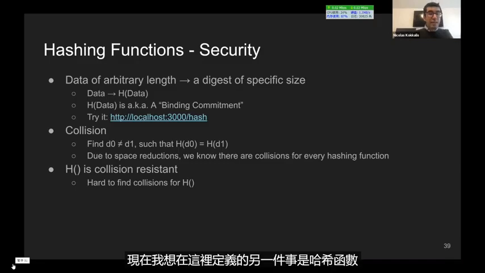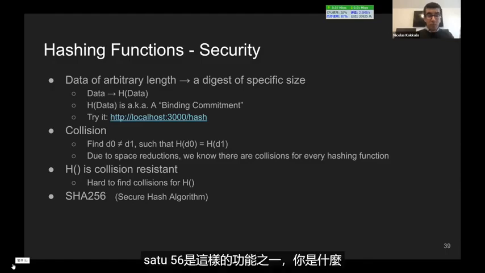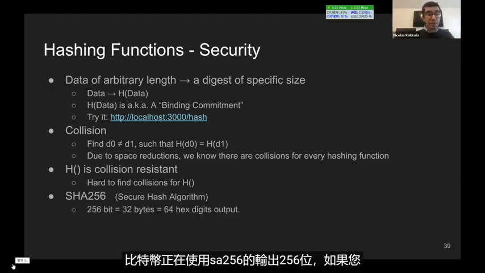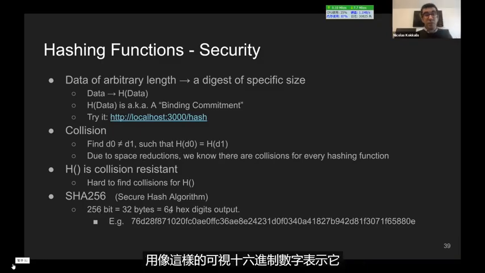Now, the other thing I want to define here is that a hashing function is collision resistant, or cryptographically secure as we say, if it is very hard to find collisions. One such function is SHA-256, which Bitcoin is using. The SHA-256 hashes are 256 bits, which if you represent them with hexadecimal digits like this, is 64 hexadecimal digits.